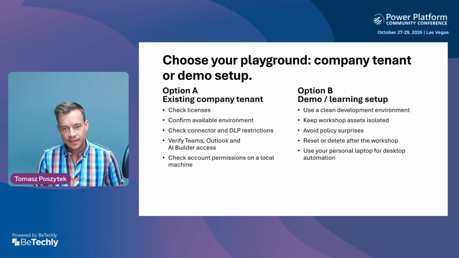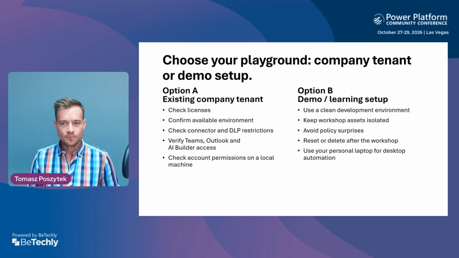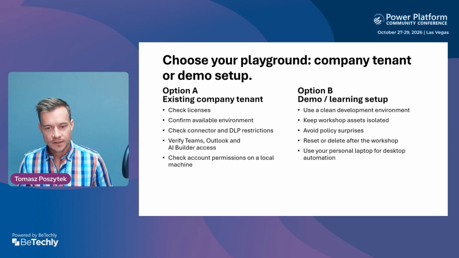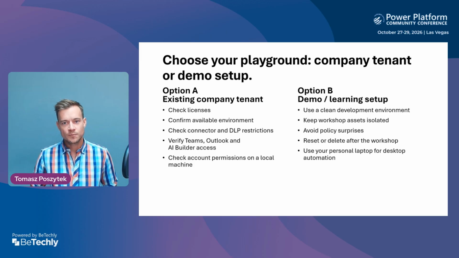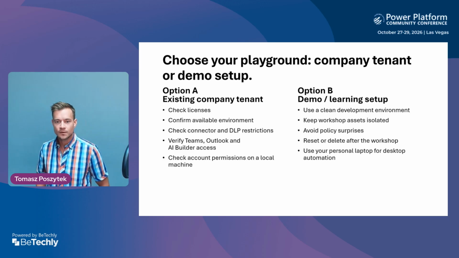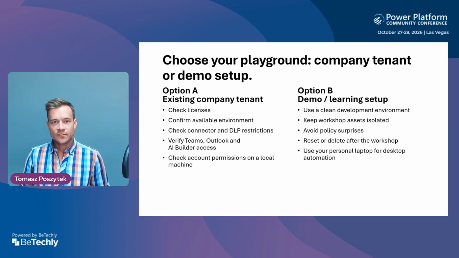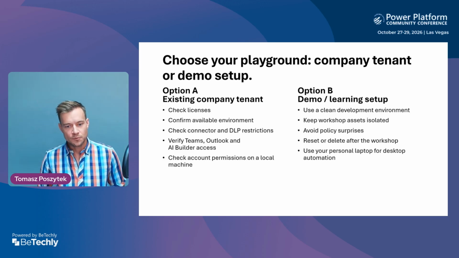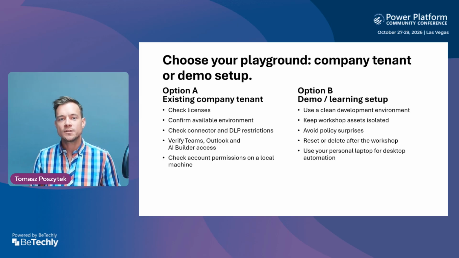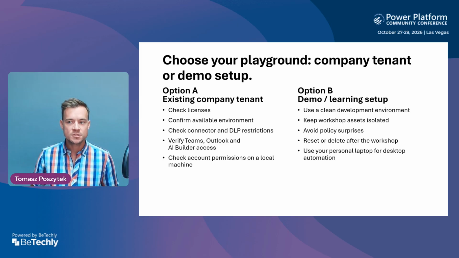With that layout, you should check whether you have all the required licenses, if you have an environment available, if the DLPs on that environment are not blocking any of the connectors required for the workshop, if you have credits for AI Builder, and if you have the required permissions on the machine that you will be using for the RPA automation.